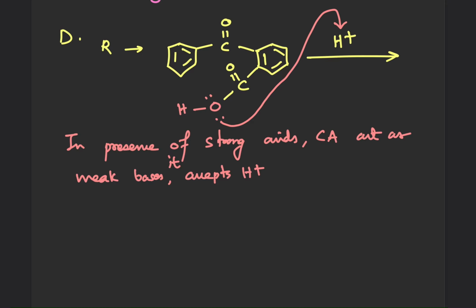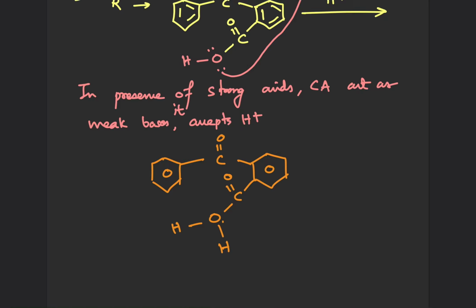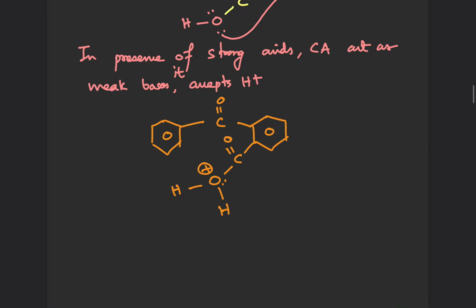Okay, so it will form benzene ring, C double bond O, benzene ring, C double bond O, O, H. It has formed a bond with H, one lone pair, and there will be a positive charge. Okay, so O bearing a positive charge takes the bond pair of electrons, and it goes out in the form of a water molecule.